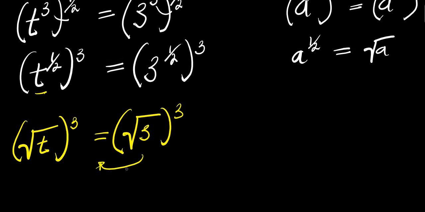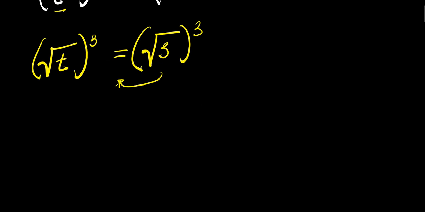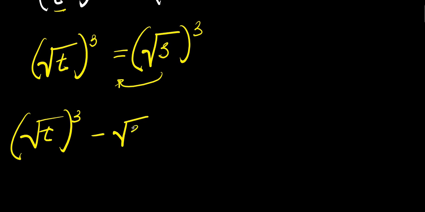We move this down here. We have square root of t raised to the power of 3 minus square root of 3 raised to the power of 3 equals 0.